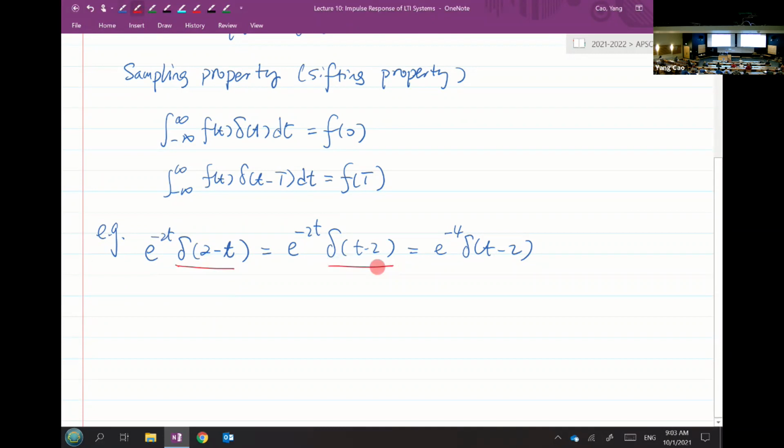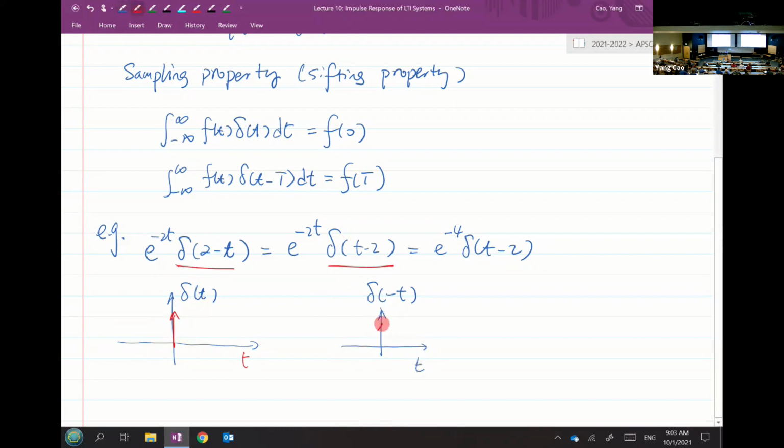So maybe just a little clarification on how this and this actually are the same. We can show that graphically, okay? So let's do this. You start with delta t, it's right here. And then I'm going to get delta negative t. Delta negative t and delta t are the same, because delta t is an even function.